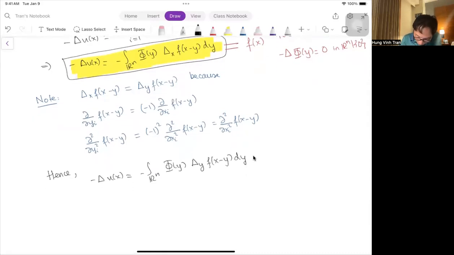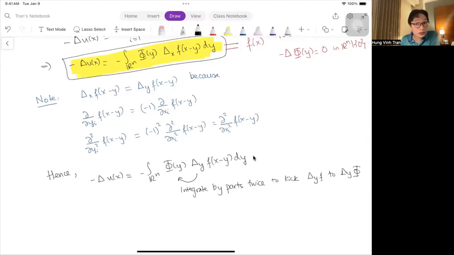So the point now is to integrate by parts twice to kick the Laplacian in y of f to the Laplacian in y of phi, right? Because we take two of the derivatives from f to phi.